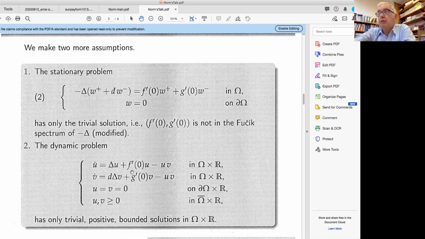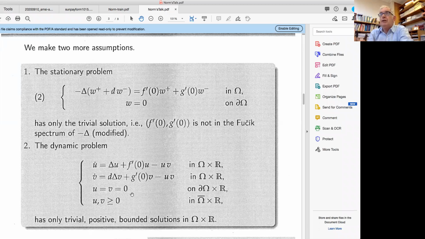So this is really a limiting equation where we linearize the nonlinearities f of u and g of v near 0, and we get this limiting equation. So we need to assume that this problem has only trivial positive bounded solutions in omega cross R.